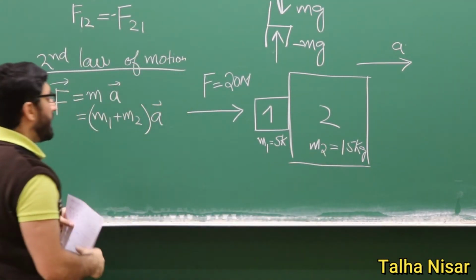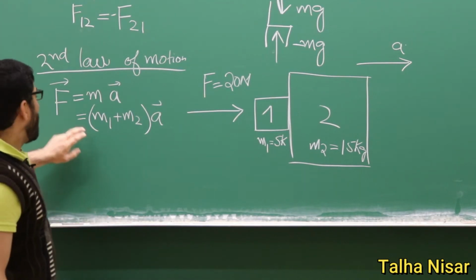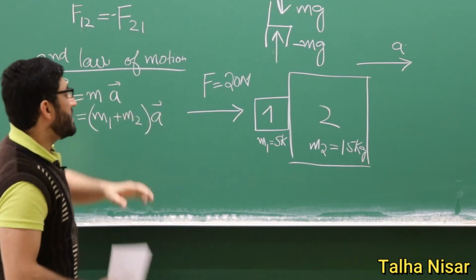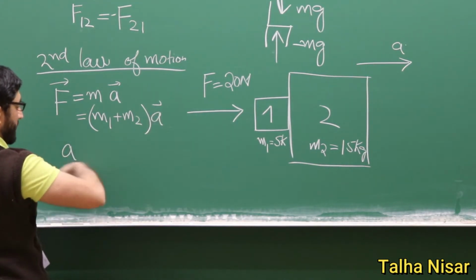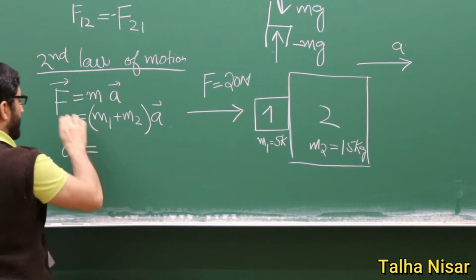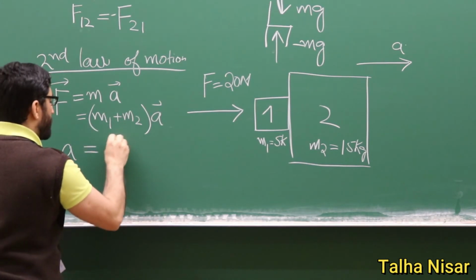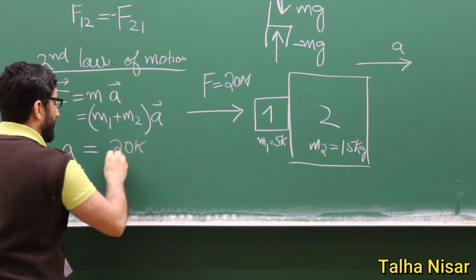We know that this force here is 20 newtons. So the acceleration is the force divided by the total mass, 20 kgs.